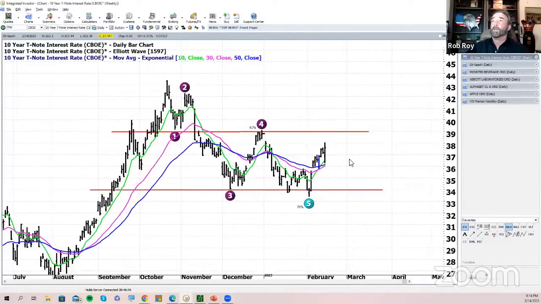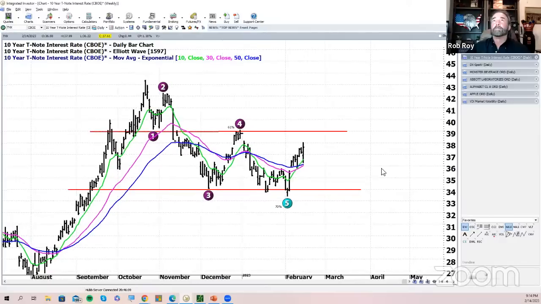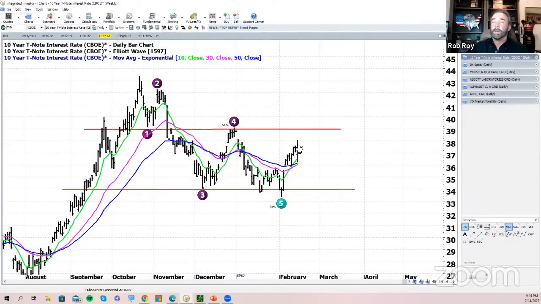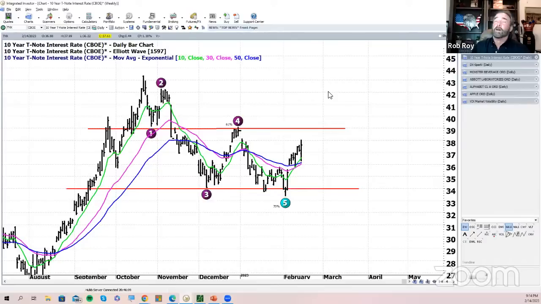We'll see about this big outside day. If you're new or not familiar with outside day jargon, that just means the high of the day was higher than yesterday's high, and the low of the day today was lower than yesterday's low. So the entire bar is bigger than the trading range from yesterday. What does that mean? Well, obviously a lot of intraday volatility, but sometimes it means a change of direction.